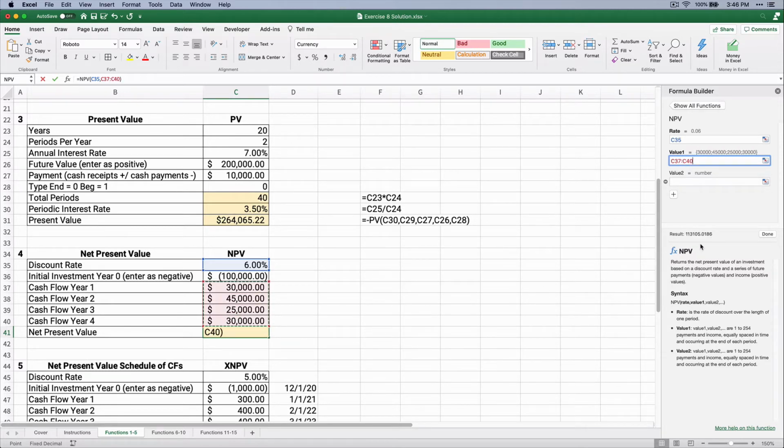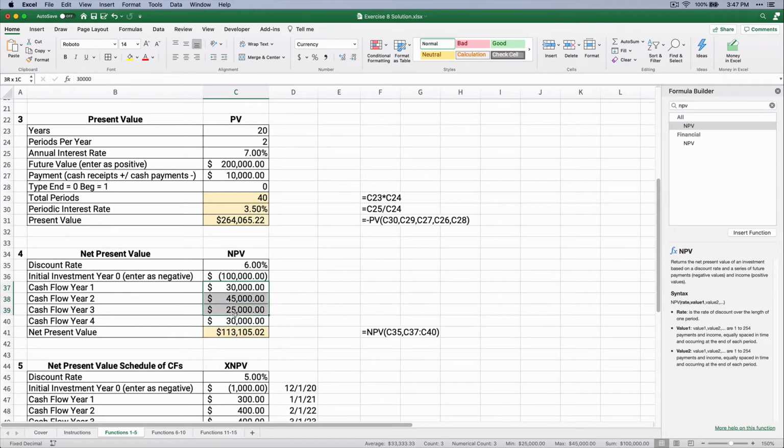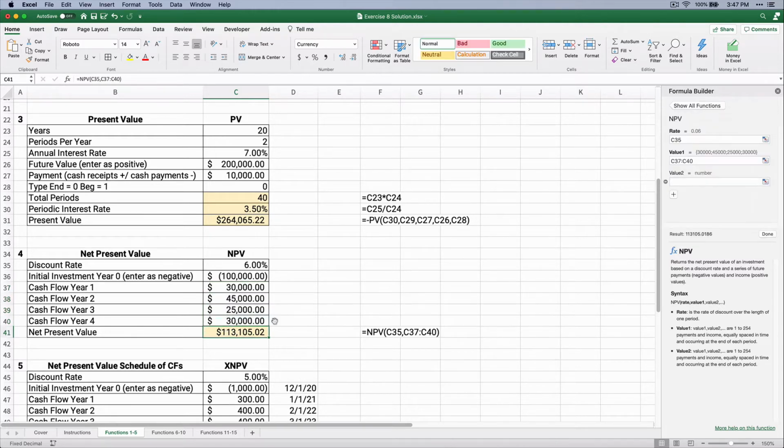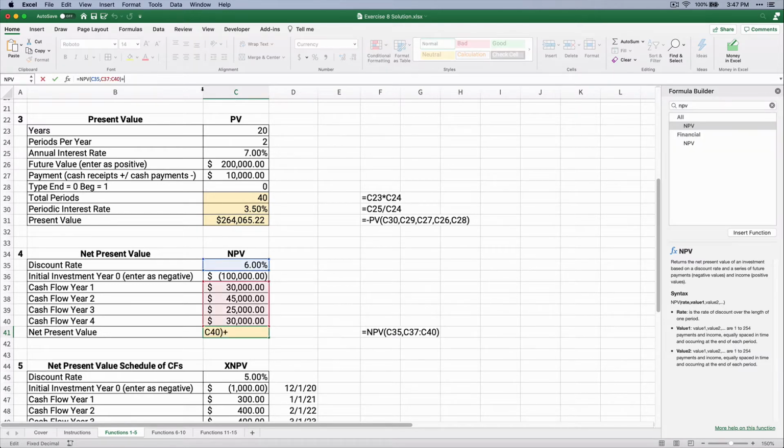So if we just stop right here, the present value is 113,000 of these at 6%. This is 1 year away, 2 years away, 3 years away, and 4 years away. So to make it work, we need to add the original negative 100,000.